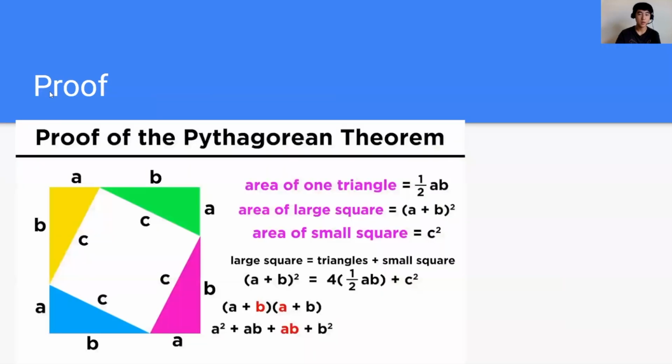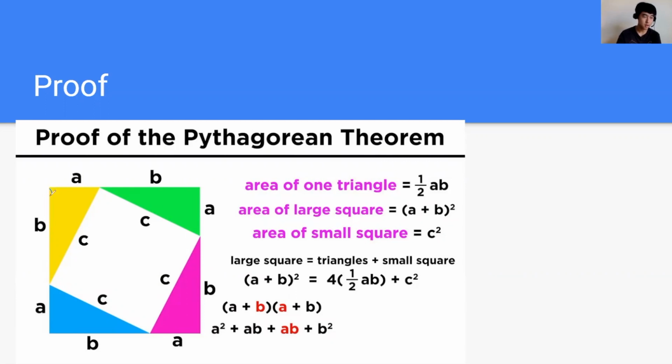So to know about that, we have to first do the Pythagorean proof. This is the Pythagorean proof that we're gonna do. So you can take out a piece of paper and just follow with me. So this is the diagram.